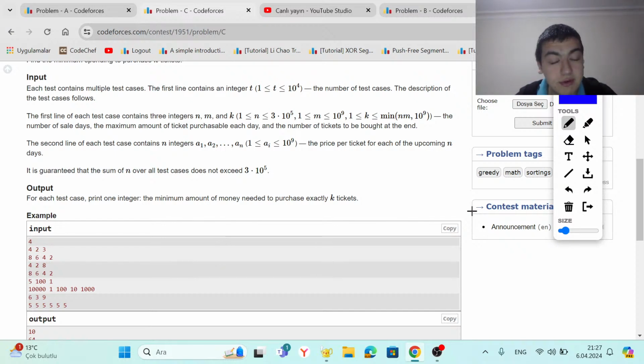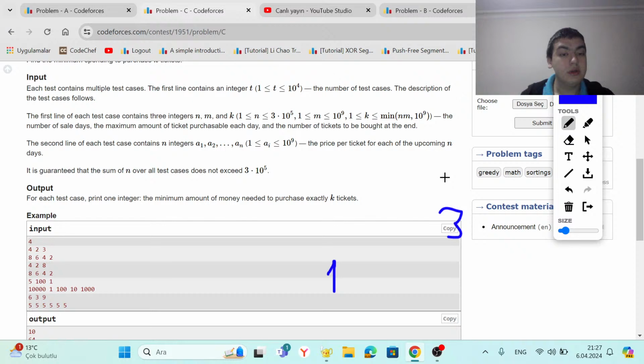If we said we will purchase tickets on day 3, then whether or not we buy some tickets on day 1, we will still purchase a ticket on day 3.